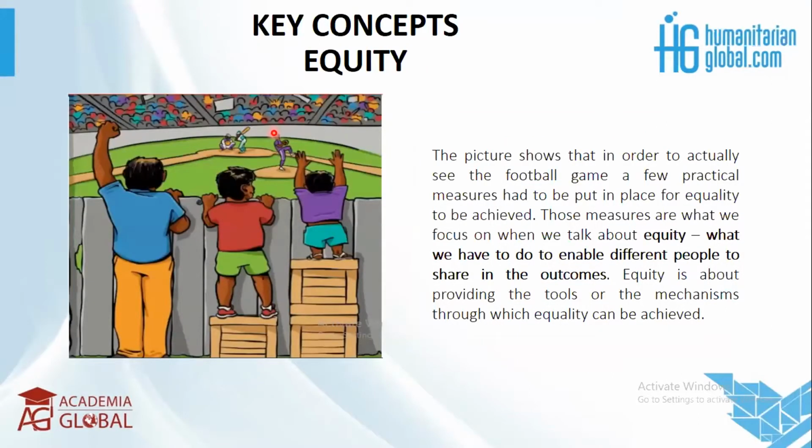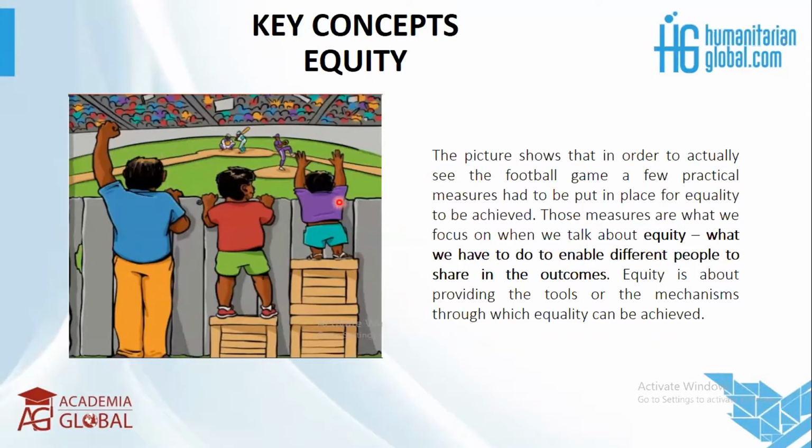So this is the same picture, but now, in order for the three of them to have a full view of the football match, some practical measures had to be put in place for this equality to be achieved. The first individual, because he's already tall, is able to have a view even without a stool.